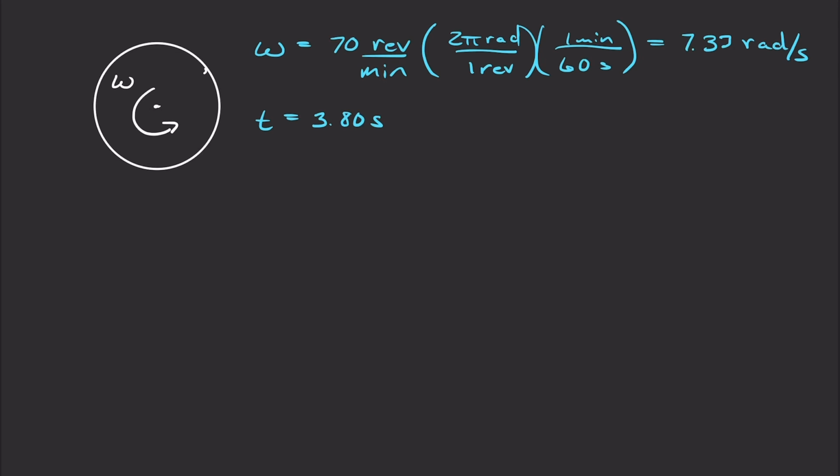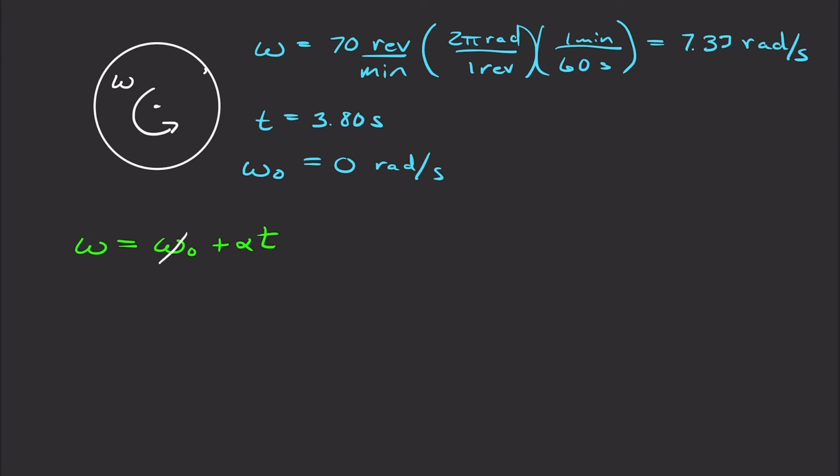Okay, so if it's going to reach this speed after 3.8 seconds after it is turned on, that must mean it started at 0 radians per second. Okay, and we want to find the angular acceleration. So this is a kinematics problem, but for angular quantities. If we look at our shortest equation, omega equals omega naught plus alpha t.